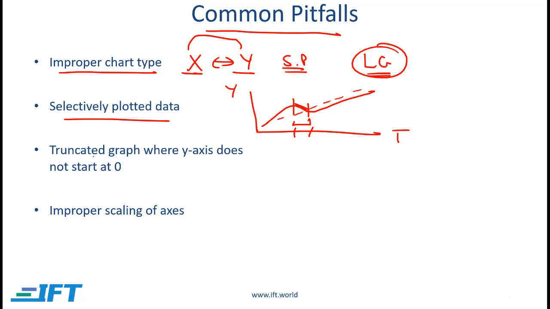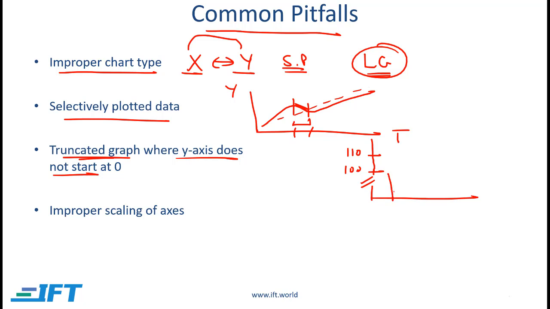The third item has to do with using a truncated graph where the y-axis does not start at 0. So if you have a situation like this where the y-axis is truncated, and then let's say we have 100 over here and 110 and then 120 and so on.